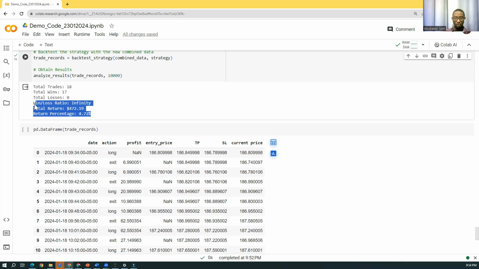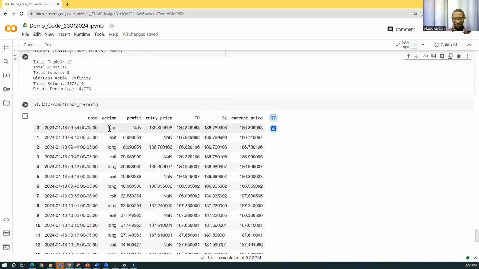It can go for you and go against you. And this day was an amazing day. Imagine having $10,000 and in one day you made 4%, just one single trading day. Amazing. And all you did was use sentiment analysis, get news, and based on the news sentiment, go into trade. And this is exactly what is happening.